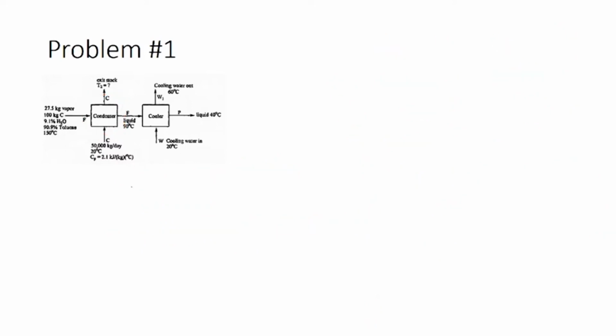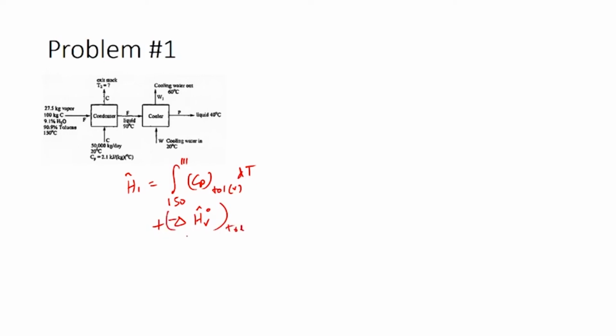So, using this we can calculate H1 cap as follows. H1 cap would be equal to integral 150 to 111 Cp of toluene vapor dT plus negative of delta H V cap for toluene.